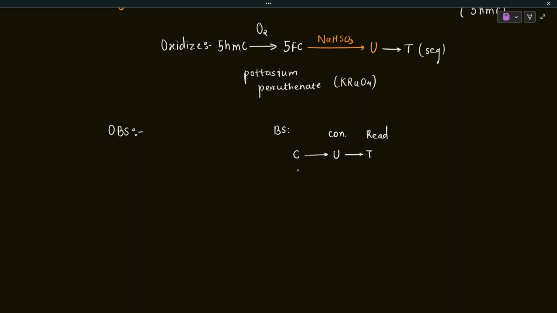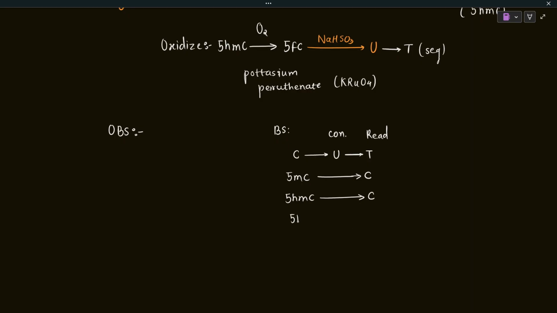Cytosine is converted into uracil and read as thymine, while 5-methyl cytosine is not converted into anything, and that is why it is read as cytosine only. 5-hydroxymethyl cytosine, again, sodium bisulfite can't work on it, and it is read as cytosine.